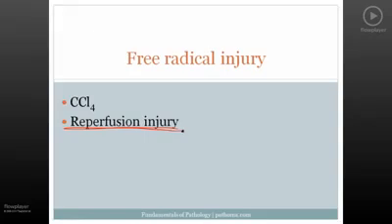And so the classic clinical vignette that can be given is that there's a patient, they get an MI, the cardiac enzymes are going up, they're taken to the cardiac cath lab, and the artery is opened, and after the artery is opened, the cardiac enzymes continue to rise. Now, why do the cardiac enzymes continue to rise?